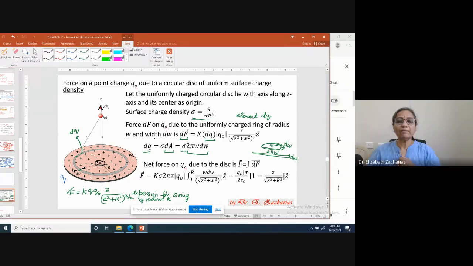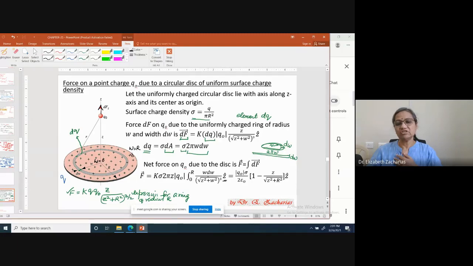Right. So my w is my variable in this problem. Starting from w equal to 0 at the center, to w equal to capital R at the edge, I just have to do an integration. All constants I have taken out because z is also a constant. I do this integration and I have put a z cap to say that this is going to be my direction of the force.